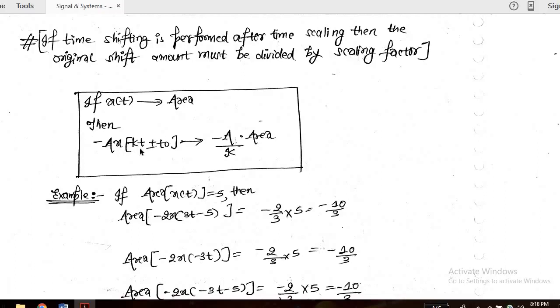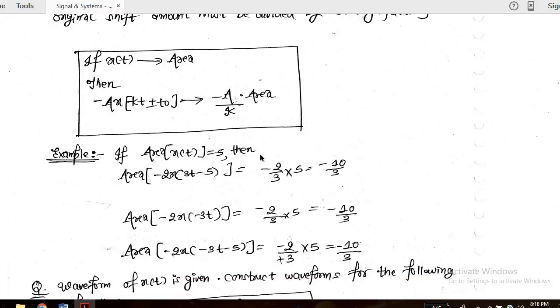Time scaling also changes the area by the same factor but in the denominator. That is, x of kt means the time axis is divided by k, time width is divided by k, area is divided by k. Time inversion and time shifting have no effect on the area.